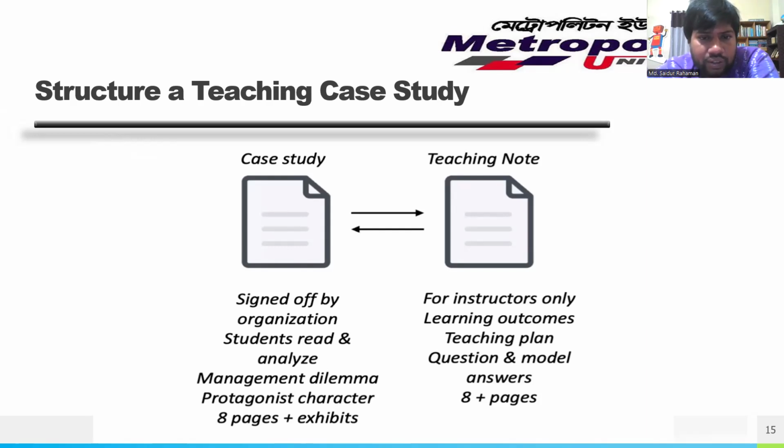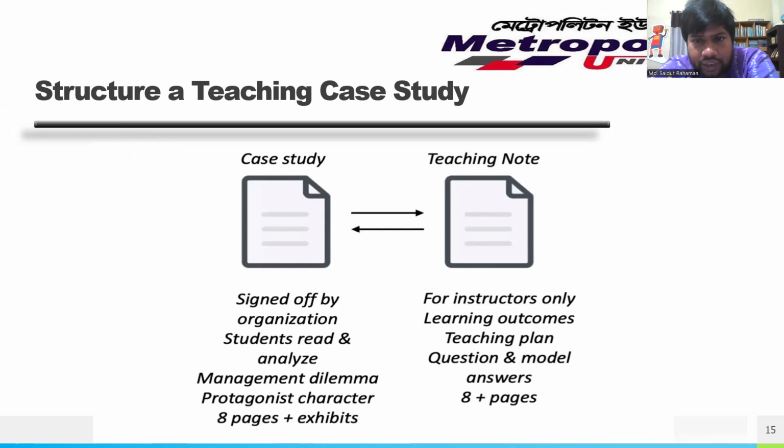This case study document will also show the protagonist. It will consist of 8 pages with the exhibition of much data, many supporting statistical evidence, and reports published in different journals and different websites as well.